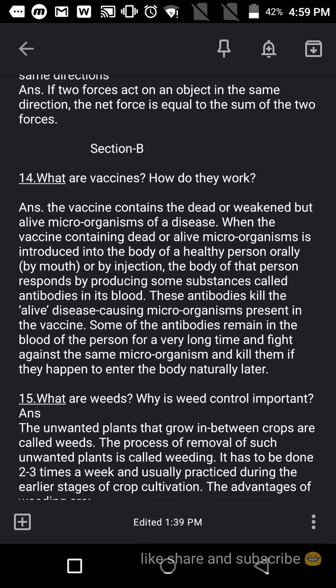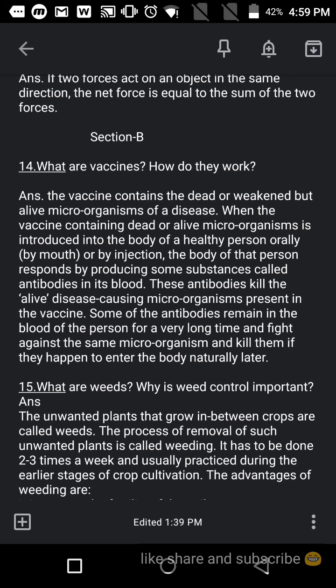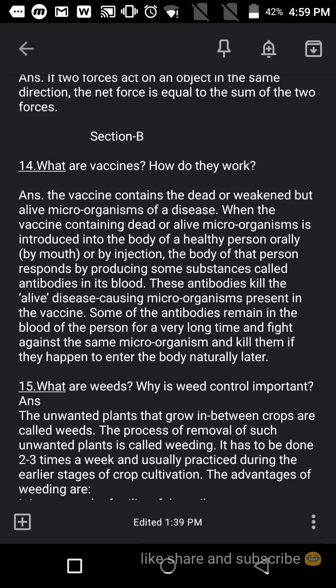These antibodies kill the alive disease causing microorganisms present in the vaccine. Some of the antibodies remain in the blood of the person for a very long time and fight against the same microorganism and kill them if it happens to occur naturally later.